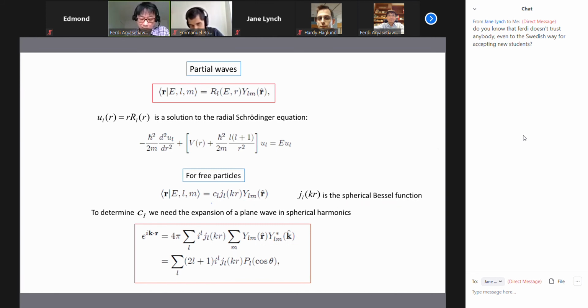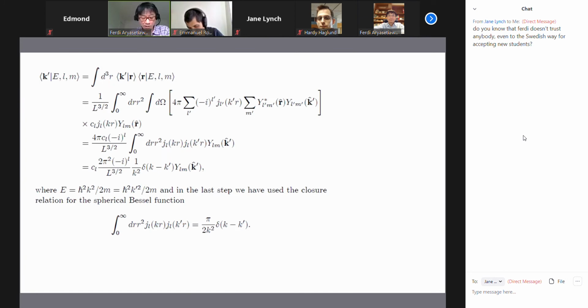Okay, so now we will work out the momentum representation of these free particle solutions for each energy, L and M. So first we insert this unit operator here, so that is just 1, and integrate it over r.